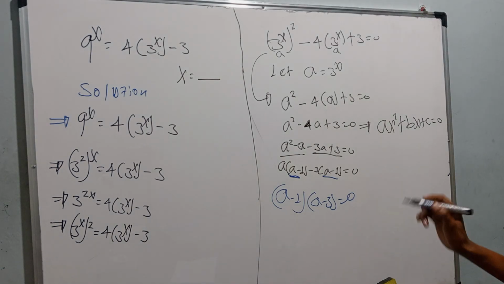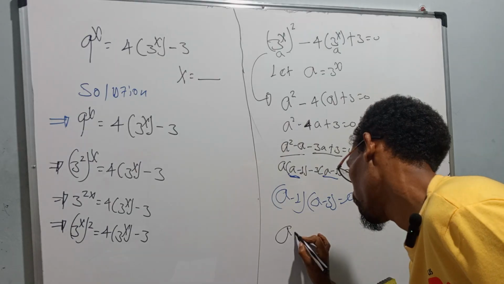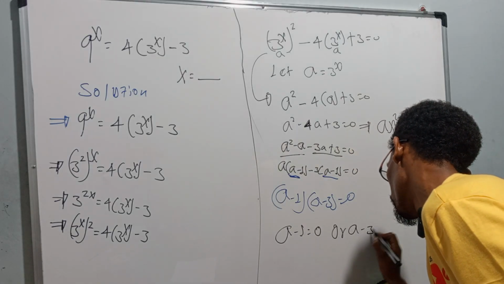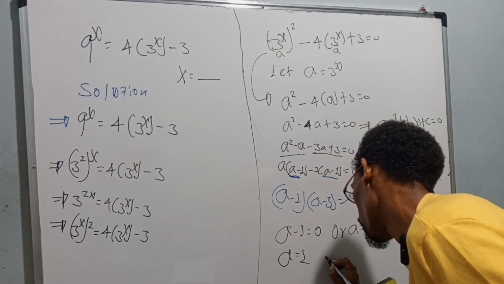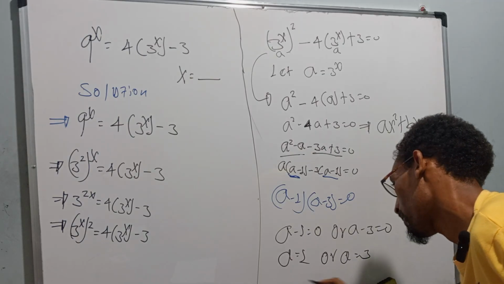So a has two solutions. That means a minus 1 is equal to 0, or a minus 3 is equal to 0. So the first solution of a is 1, and the second solution of a is 3.